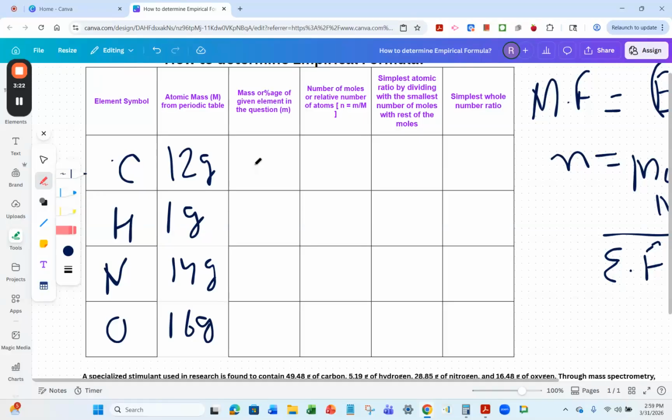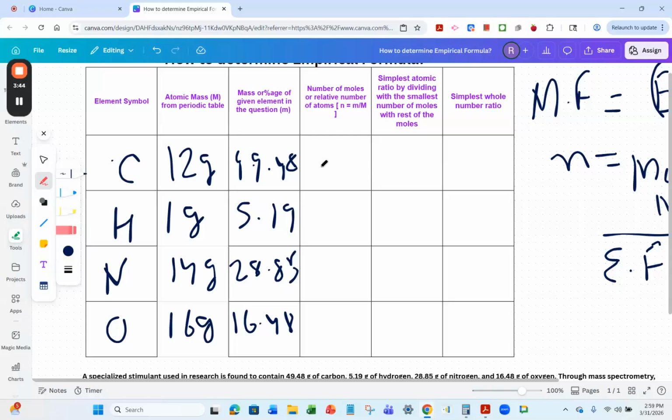So I will write down the values here: 49.48 grams, hydrogen is 5.19 grams, nitrogen is 28.85 grams, and oxygen is 16.48 grams.